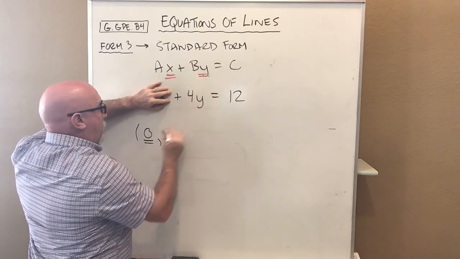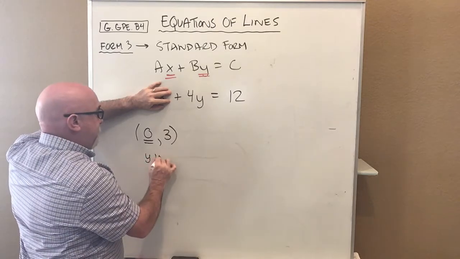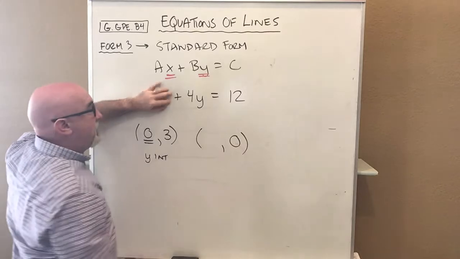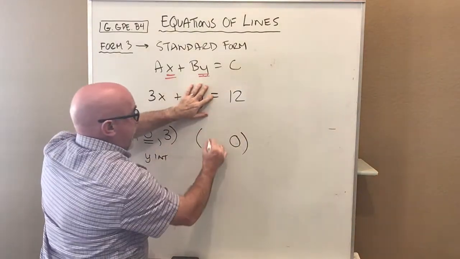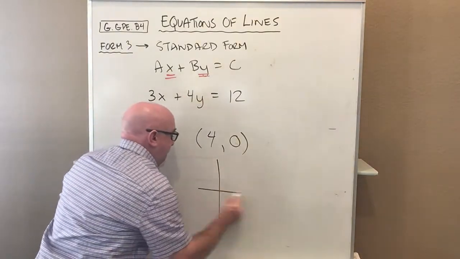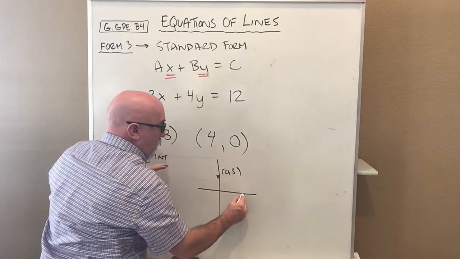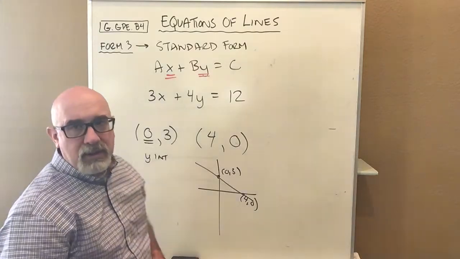We divide by 4 and we get 3. There's the y-intercept. Now if we want to solve for an x-intercept, we make y 0. Watch what happens here. I zero that out, and 3 into 12 goes 4. There are the intercepts. And if I cared to graph this, this is 0 and 3, and 4 and 0, and I could graph that quite quickly.